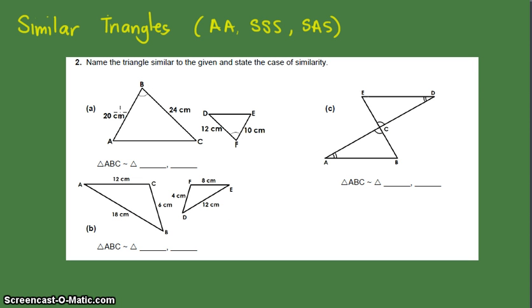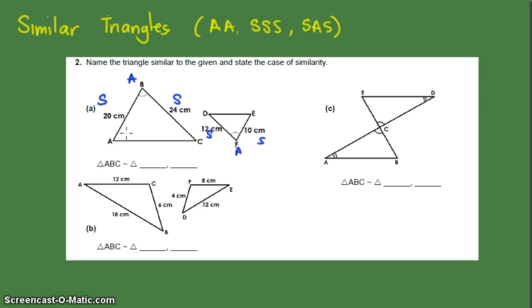Looking at letter A, we know that there are two sides known for the first triangle and there is an angle in between. So somehow we will be able to satisfy SAS. And if you look at the second triangle, there's also a side, an angle, and a side.